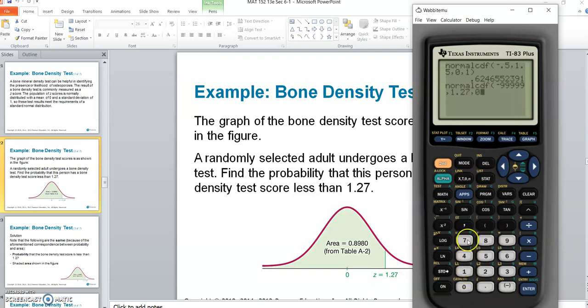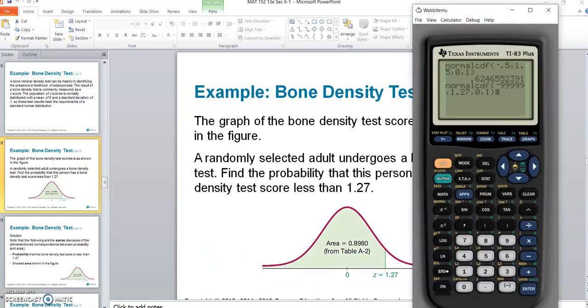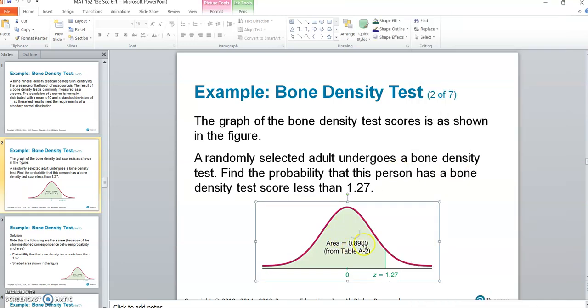My mean is 0 and my standard deviation is 1 because I am using the standard normal. It also told us on the previous slide the mean is 0 and the standard deviation is 1. So if I do that, I get 0.8980, and this would be 89.8% if I rounded it, right? I'm getting the exact answer that they have.